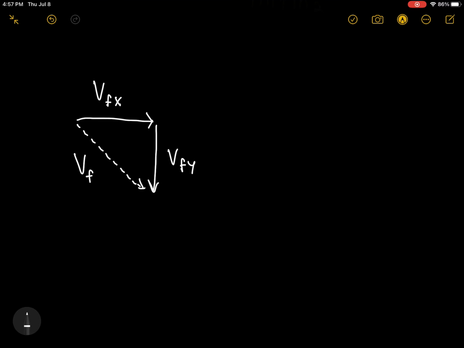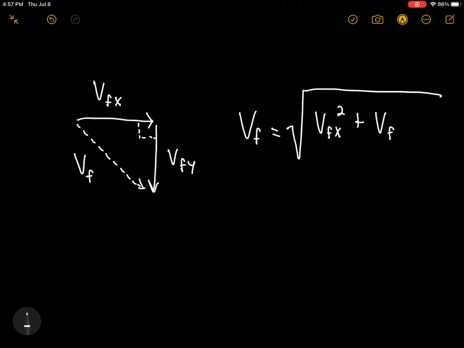v sub f. So this is using a right triangle, so we can use the Pythagorean theorem. Vf is equal to the square root of v final in the x direction squared plus v final in the y direction squared.